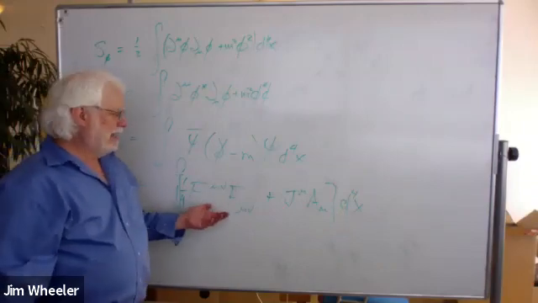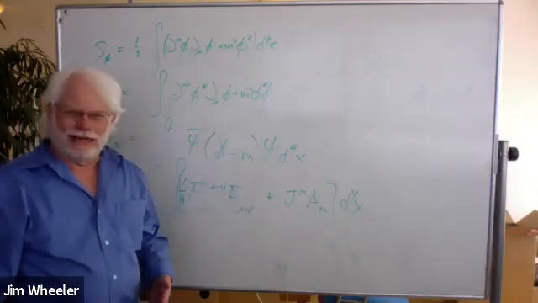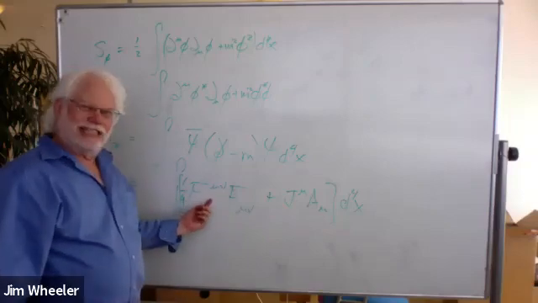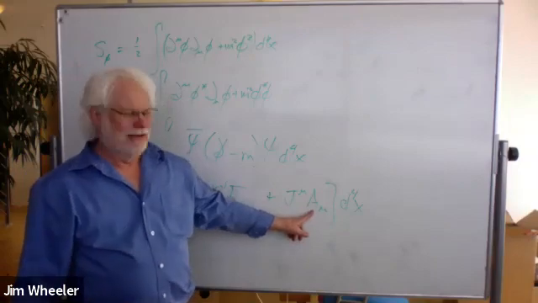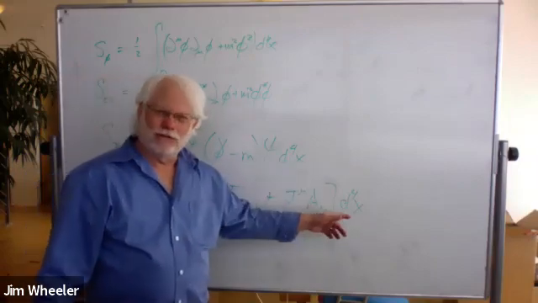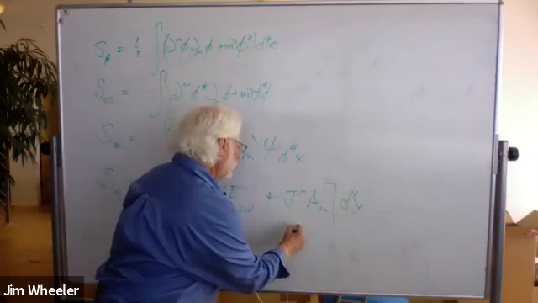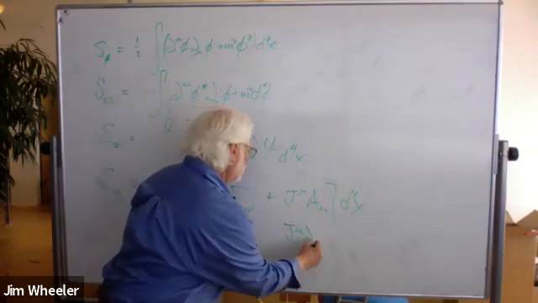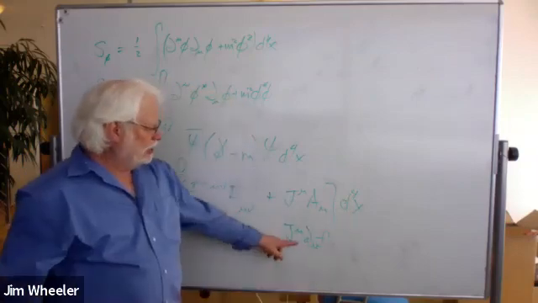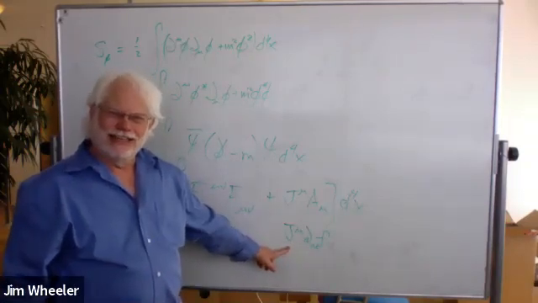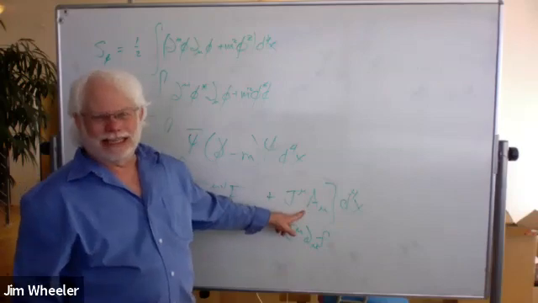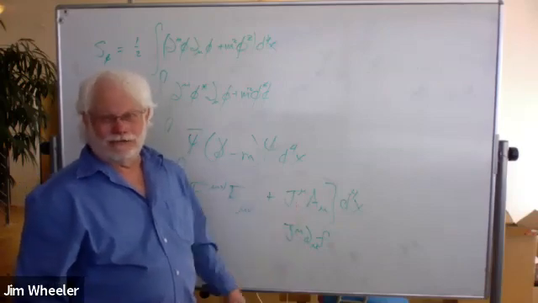If I change A by an additive gradient, this stays the same because it's the curl, and the curl of the gradient goes away. What about here? That adds a whole other term. But that whole other term is J mu d mu of your gauge change. Integrate by parts, that's a conserved current, and it vanishes. So this term actually is gauge invariant as long as J is a conserved current.